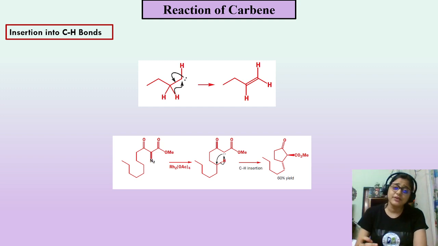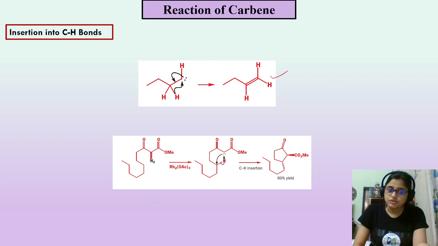But if nothing is present in the reaction medium which can react, then what will happen? It will react intramolecularly. How? Insertion into CH bonds. This H will move towards this carbene carbon, and one double bond will form.